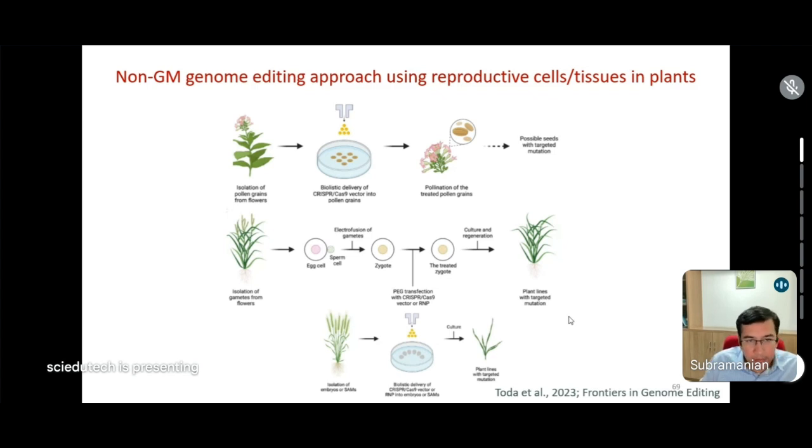You can get gametes, the egg and sperm cells, and fuse them to get a zygote using electrofusion, and you can treat these zygotes and transform them with PEG-mediated transfection and get a new plant out of it. Or you can isolate embryos or shoot apical meristem and bombard them using the ballistic method to get a new plant containing your edited DNA or gene of interest.